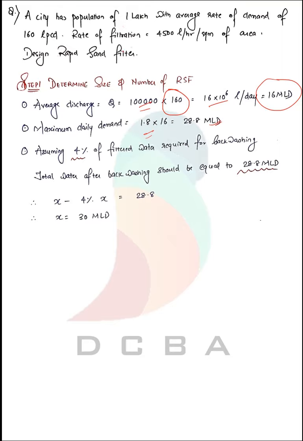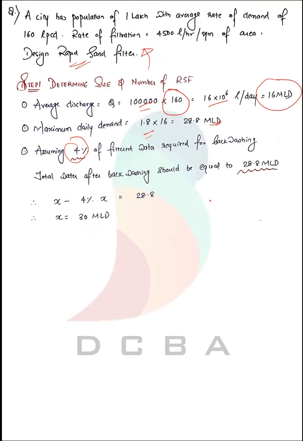Now since this is a rapid sand filter, you know that there is something called backwashing. For backwashing we use filtered water itself. So assume that 4% of that filtered water is used for backwashing.